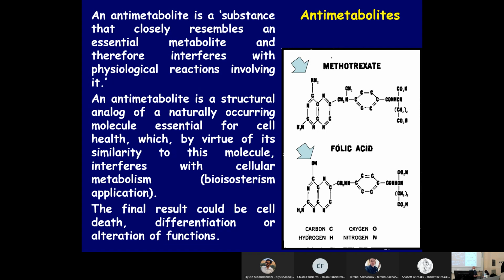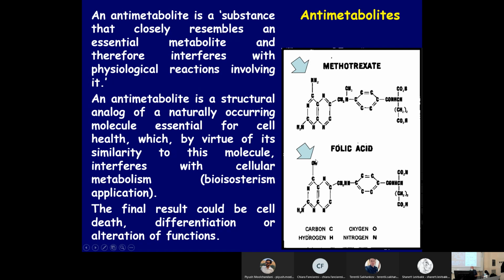Some years ago, scientists designed an antimetabolite very similar to folic acid called methotrexate. You can see the chemical structure is quite the same, but with a small difference.